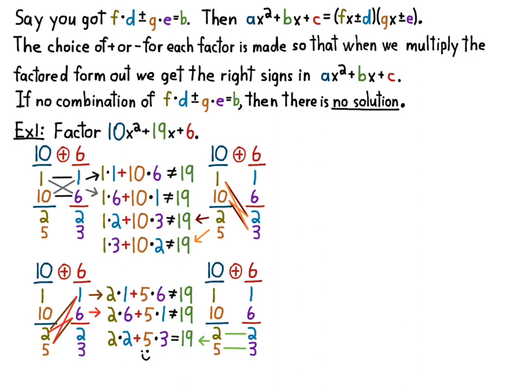Now, with a little practice, you can just look at these and see which ones to use right away. Sometimes you don't, and that's when you have to be systematic like this. Now, if the middle coefficient is kind of smaller, then you'll tend to be using the ones towards the bottom.